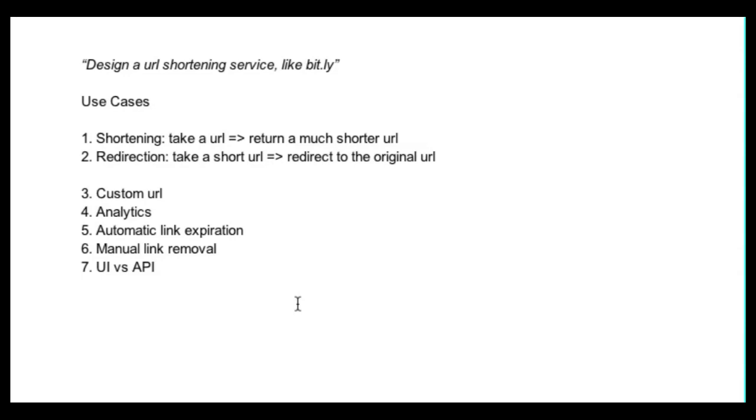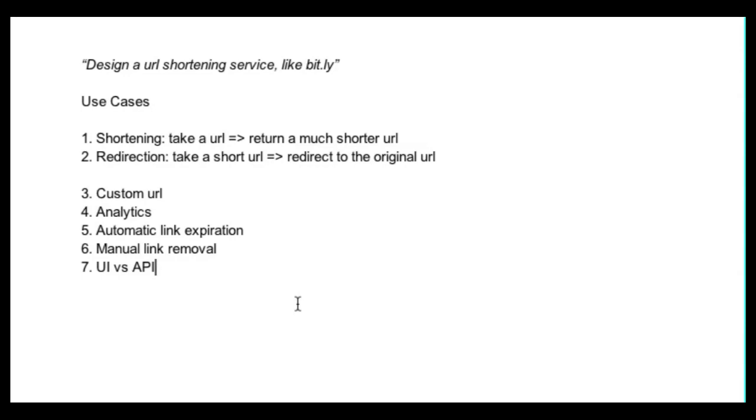Either way, the two of you should agree on the use cases that are in scope and the ones that aren't in scope. So for this video, let's assume that custom URLs need to be supported, but anything else, analytics, link expiration and removal, is out of scope.